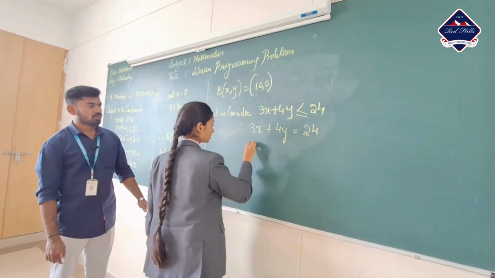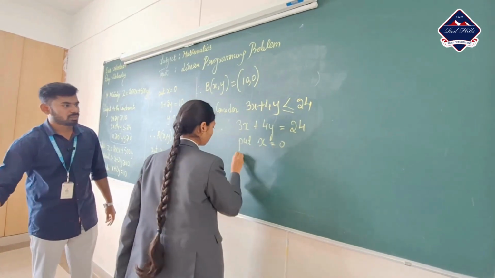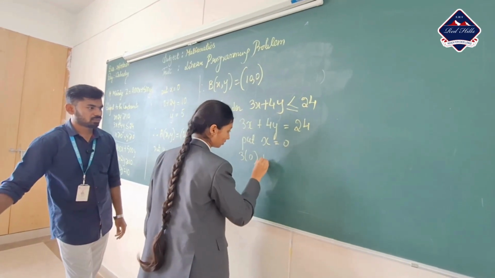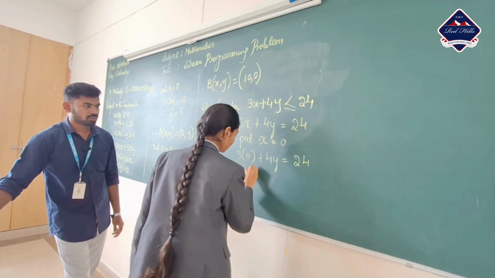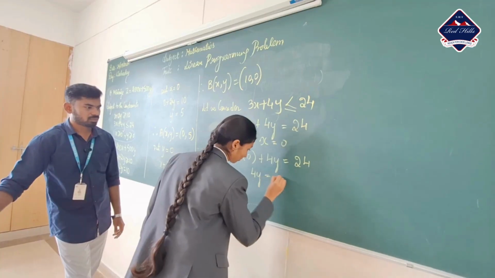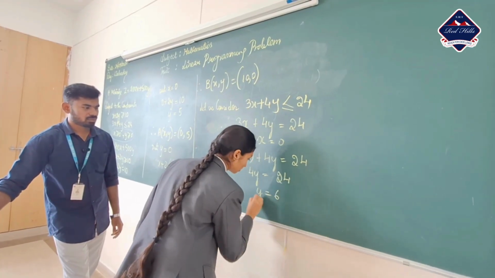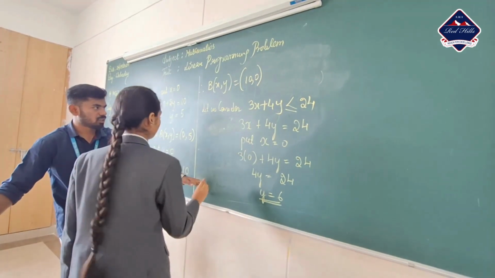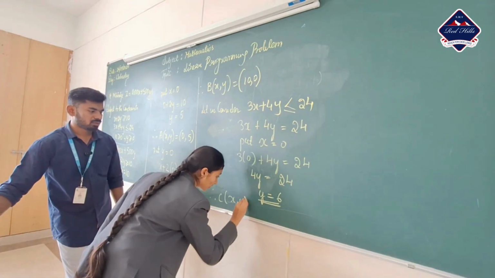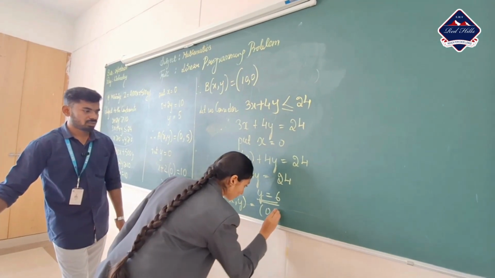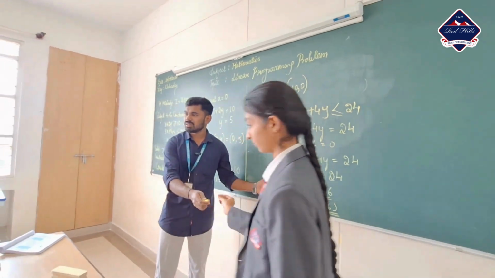Now we'll put x is equal to 0. Then y is equal to 6. So therefore the third point C, x comma y, will be equal to 0 comma 6. Correct. Is this right, children?